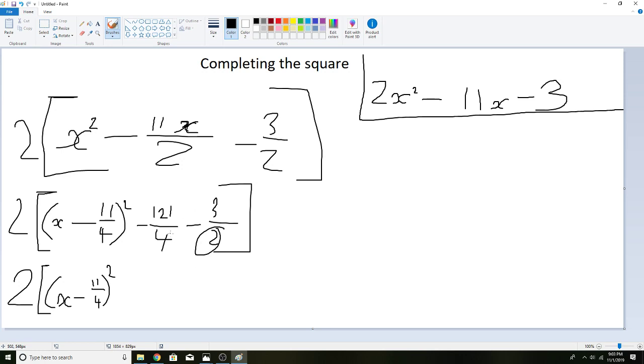So with minus 6 over 4, it will then be minus 115 over 4. And that's it. And then you have to simplify it again. So if we do this now, 2x minus 11 over 4.